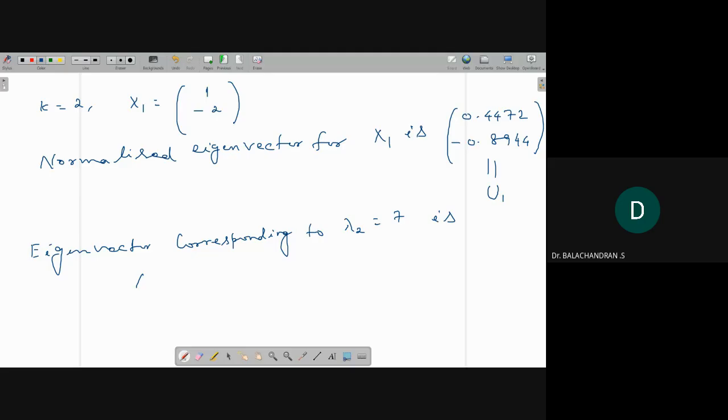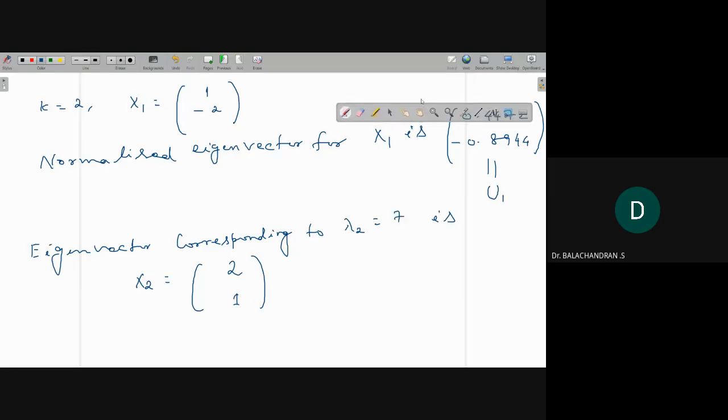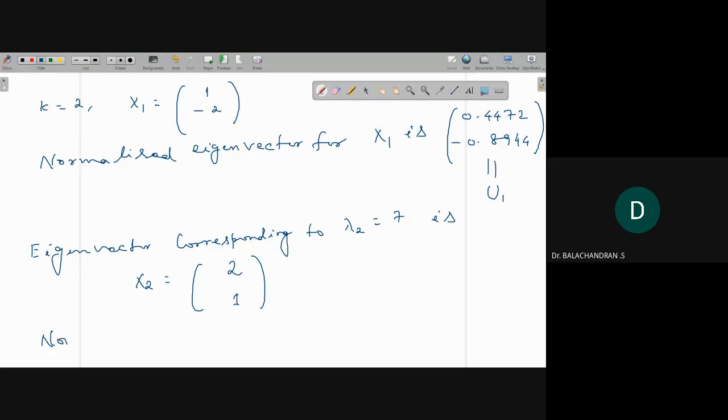I will write directly x2 is 2 and 1. Please check it. The normalized eigenvector for x2 is 2 by root 5, which is 0.8944, and 1 by root 5, which is 0.4472. I'll take this as u2.